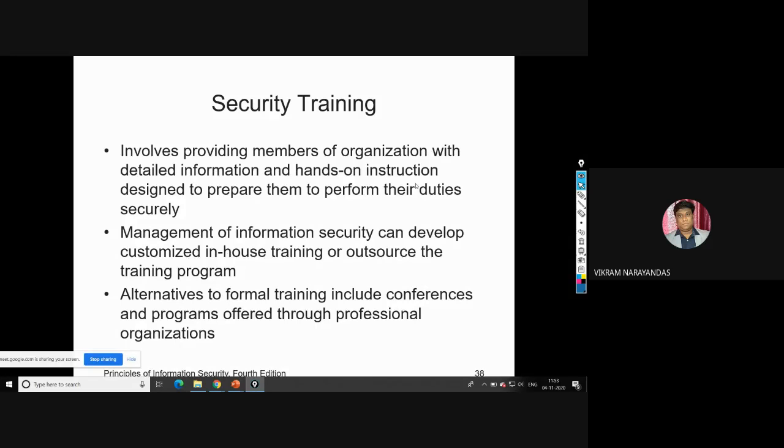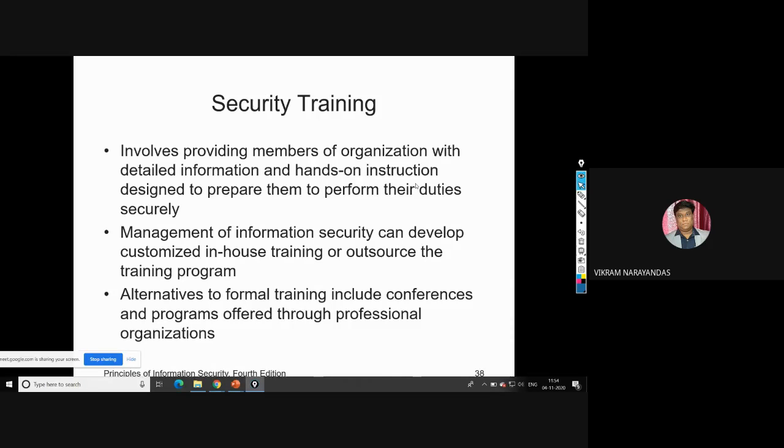Management of information security can develop customized in-house training or outsourced training programs. The management of your organization can conduct customized in-house training or outsource the training program to other companies.